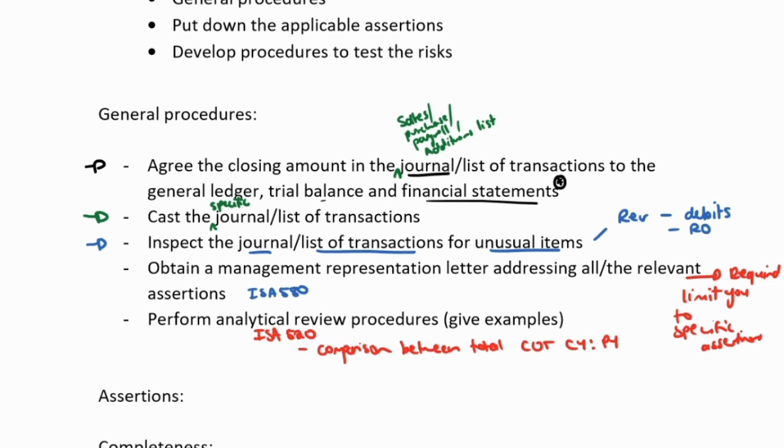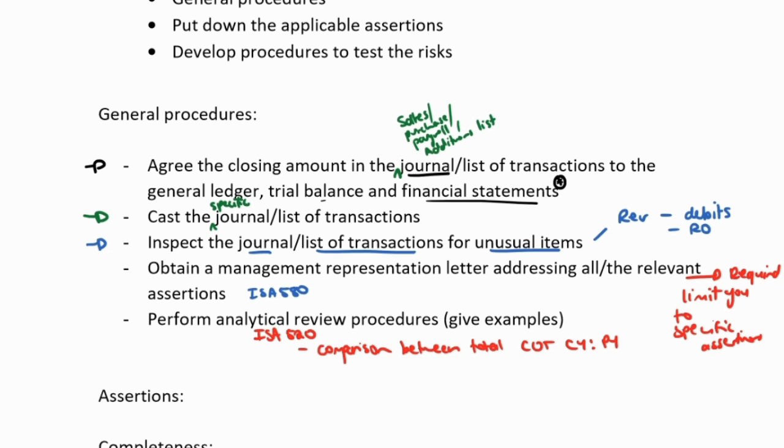So in our example here, we're doing revenue. So I'm going to say compare revenue in the prior year to the current year to see if it's reasonable. Maybe I want to do debtors then as well. Compare debtors in the current year to the prior to see if it's reasonable. The reason why I say debtors is because it's related to revenue. So it makes sense to do an analytical procedure with a related balance or class of transaction.